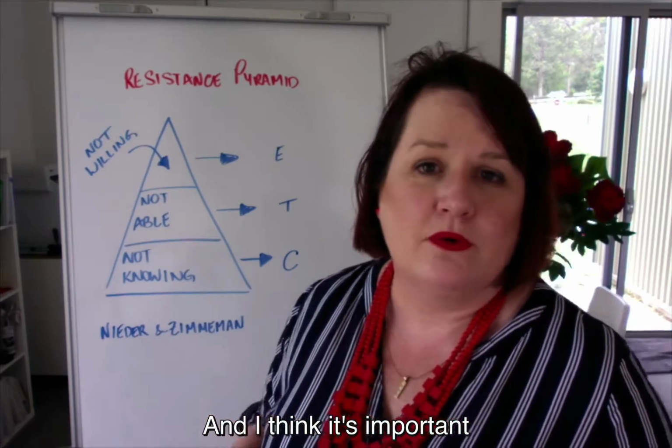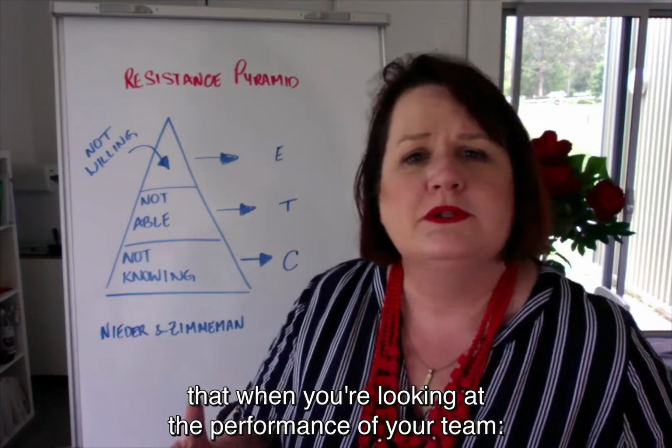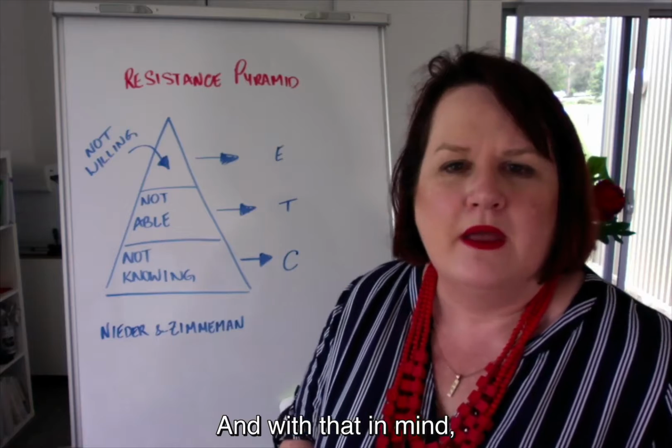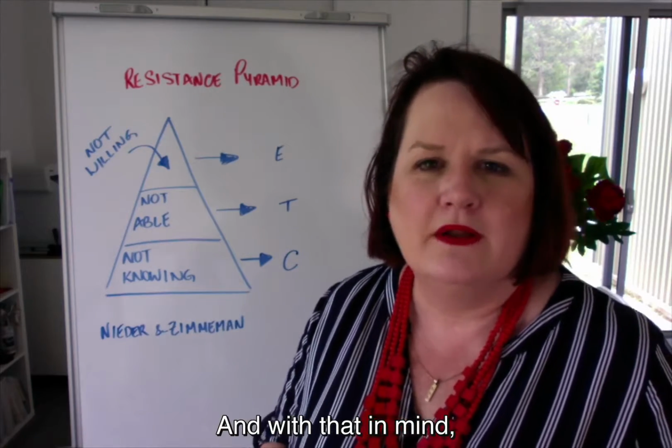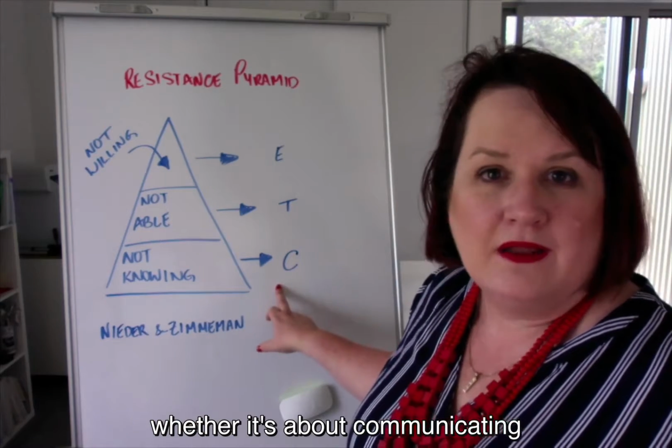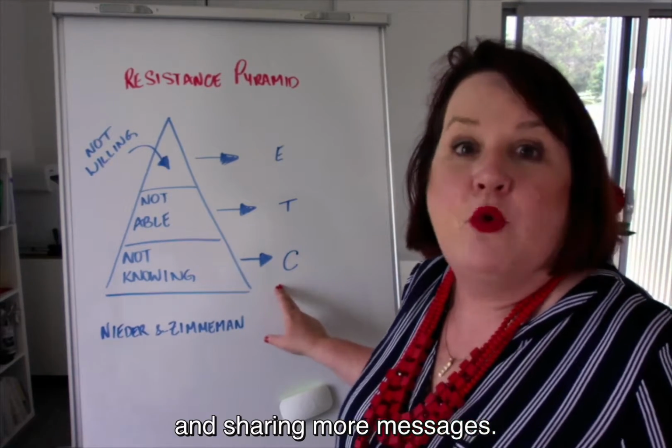I think it's important that when you're looking at the performance of your team, you ask where you think any resistance might sit for them. With that in mind, it helps you determine whether it's about communicating and sharing more messages.